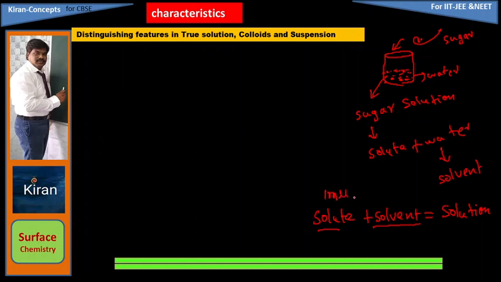A solution in which the solute particle size is less than 1 millimicron is known as a true solution. The sugar solution is an example of a true solution. So based upon the solute particle size, solutions are of three types: true solutions, colloidal solutions and suspensions.